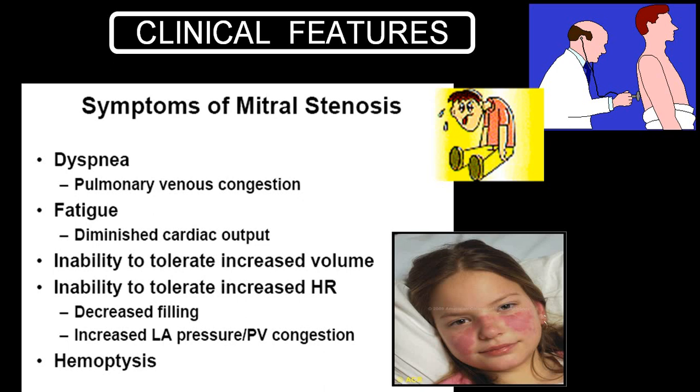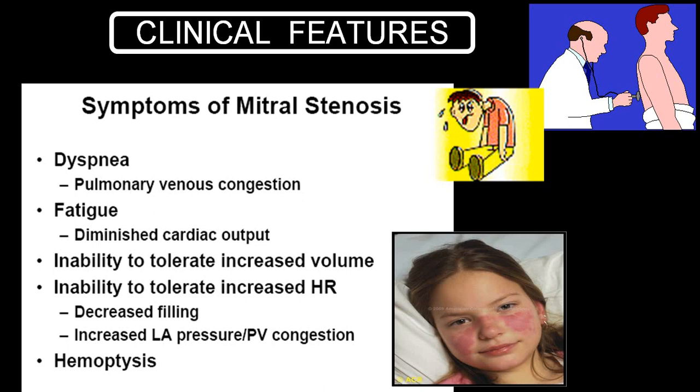Symptoms we already discussed. The commonest symptom is dyspnea, which is because of pulmonary hypertension and pulmonary venous congestion. Fatigue is because of diminished cardiac output, and that produces decreased tolerance to increased volume and inability to tolerate increased heart rate. As soon as the heart rate is increased, the person develops decompensation.